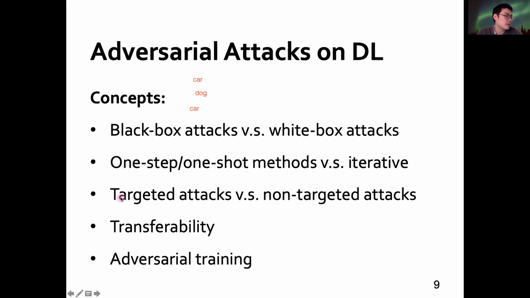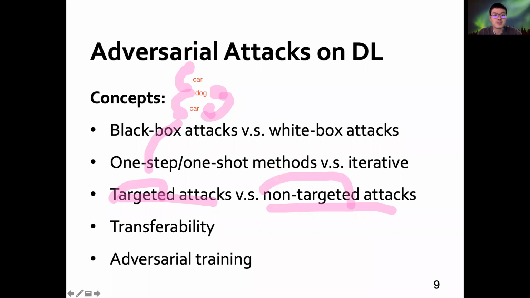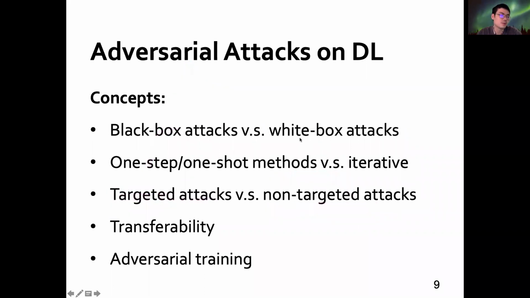The concept of targeted attack means that whatever you give me, say you give me a photo of a dog, I want it predicted as a cow, because I have a target, which is cow. Non-targeted attack means you give me a dog image, and as long as I fool you, that's enough. As long as you don't predict a dog, I'm done. I don't need to move it to the cow. You can also say this is a cat. So this is non-targeted attack. Targeted attack means I have a target class in mind, and I want you to predict everything as that class.